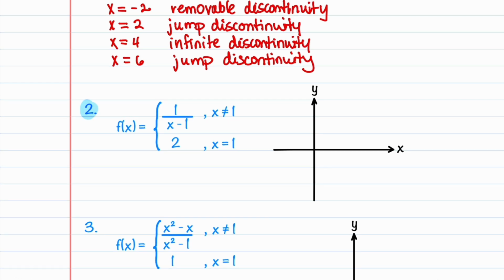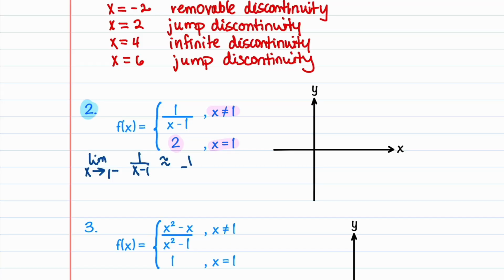Let's now look at our second example. In our second example, we see that the function is defined at x is equal to 1. And to determine the type of discontinuity, we need to understand better what's happening in the region around x is equal to 1. So let's look at the limit as x approaches 1 from the left of 1 over x minus 1.